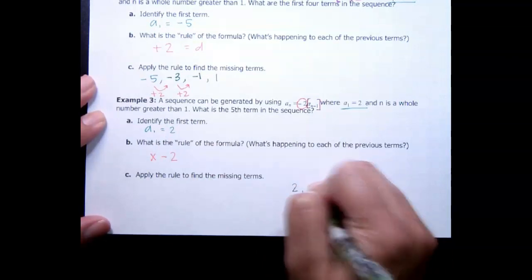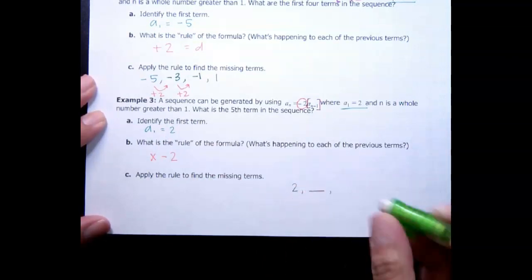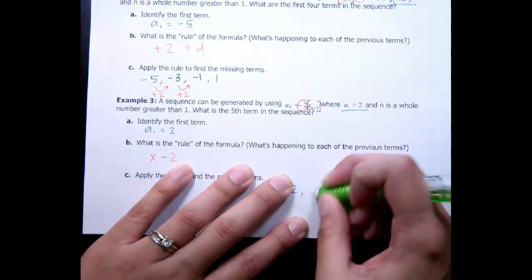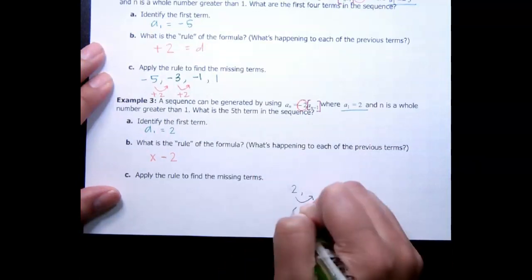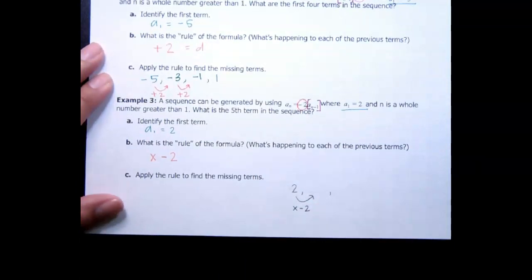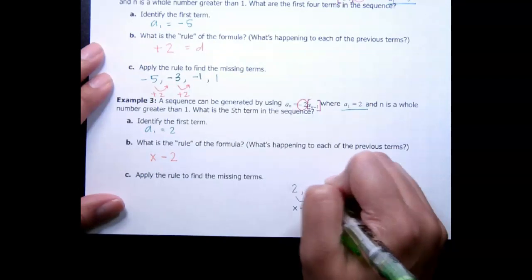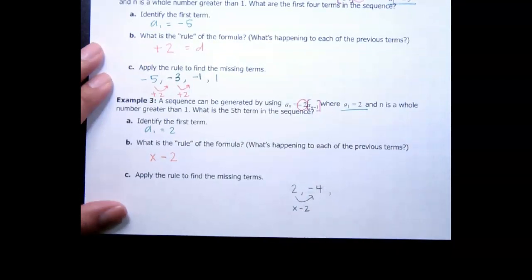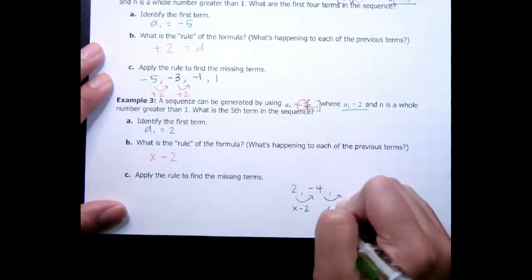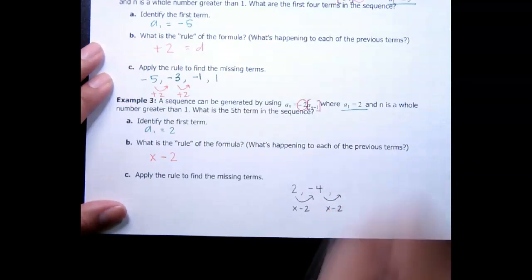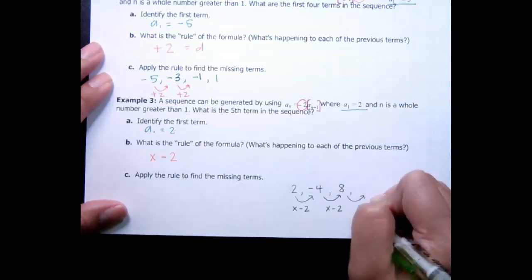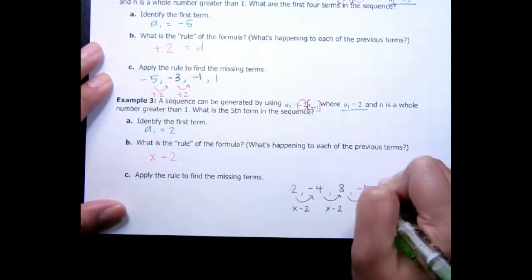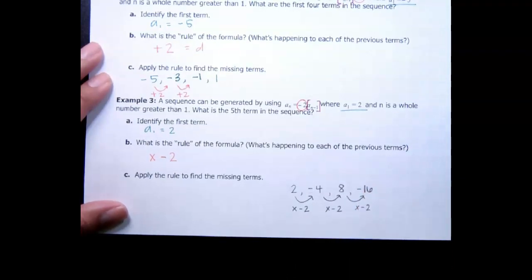So I'm going to do my math over here before I write my final answer. I'm starting with positive 2. Actually, I'm only going to put the blank in the 5th spot. So this is going to be times negative 2, which is negative 4. Negative 4 times negative 2 is positive 8. 8 times negative 2 is negative 16.